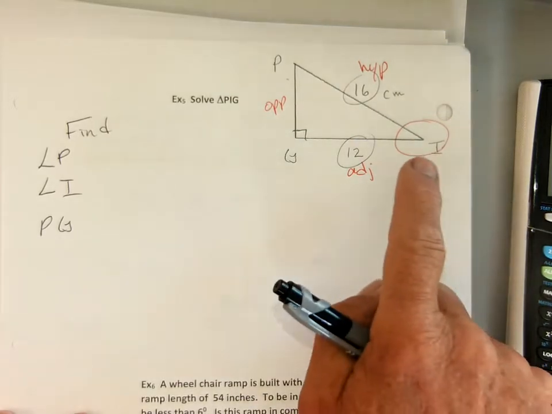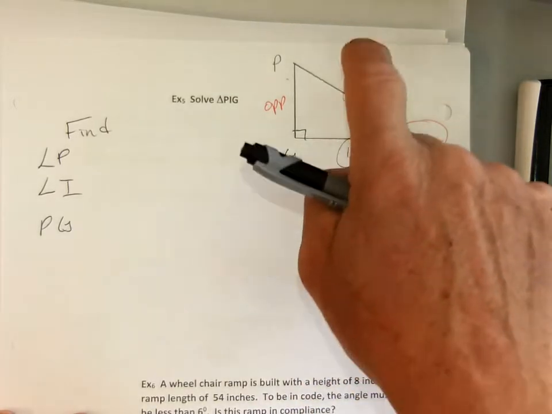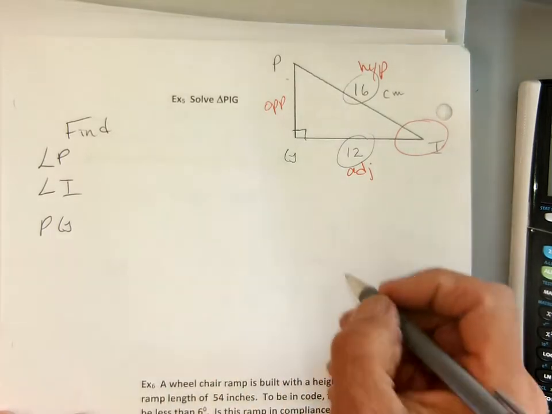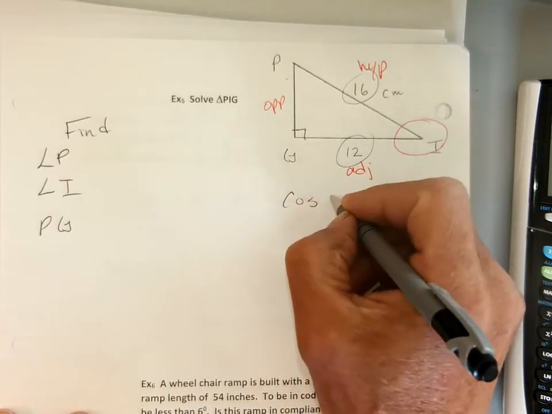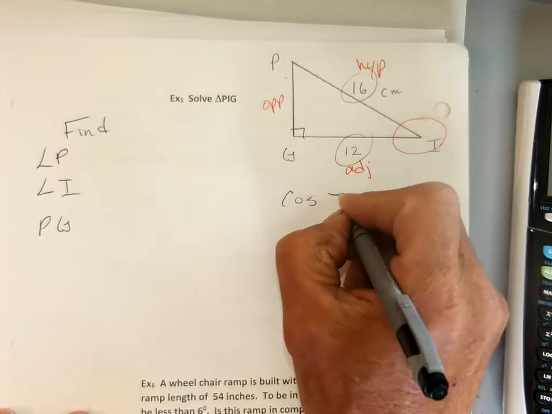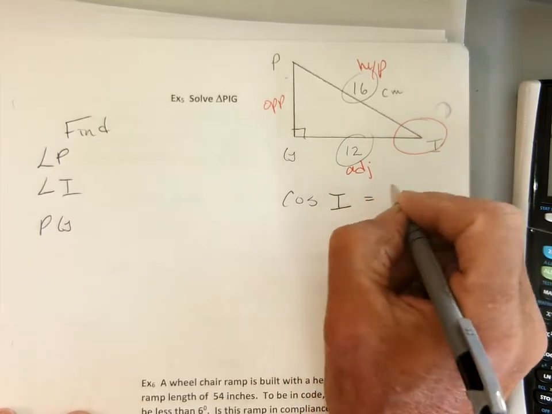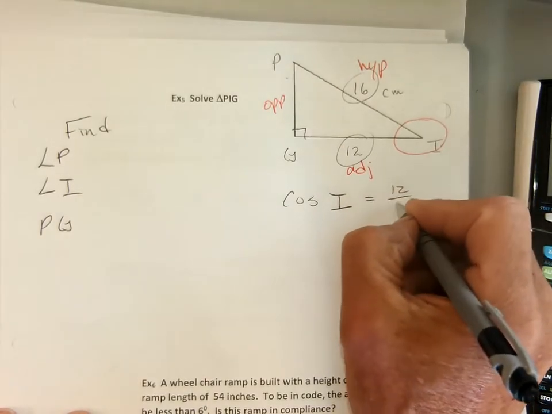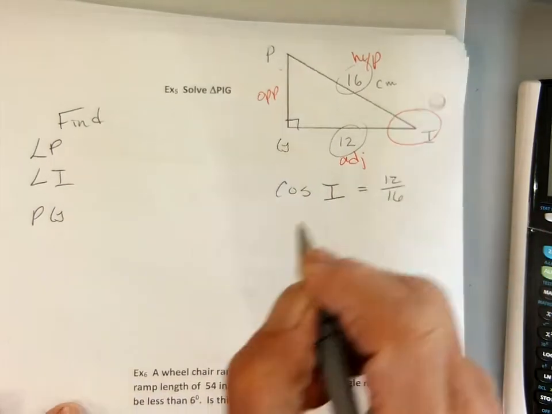So if I start with angle I, adjacent and hypotenuse, I look up on the board, which one should it be? Yeah. So I'm going to go cosine of angle I equals the adjacent over the hypotenuse.